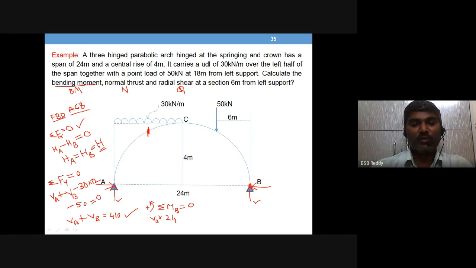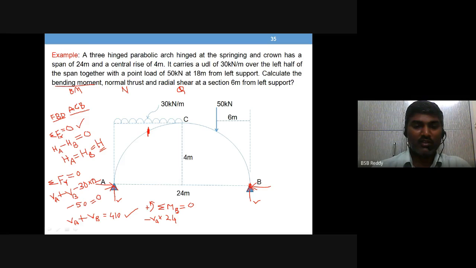Okay, that is the moment from VA. So what direction is it? Clockwise. So what do you write? Negative, because anti-clockwise is positive for me. You may choose clockwise positive according to your own decision. It's your wish to go for either clockwise positive or anti-clockwise positive.